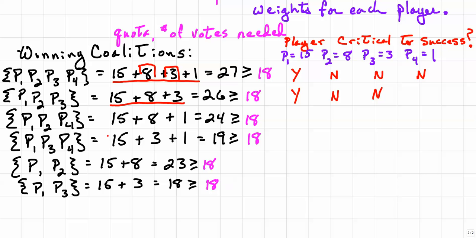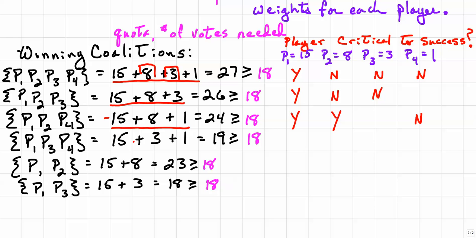Now for this one, this changes things a little bit differently, because if I get player 1 to vote yes and I get player 2 to vote yes, then I have a winning coalition. However, if player 1 votes yes and player 2 votes no and player 4 votes yes, I don't have a winning coalition. So that means that both player 1 and player 2 will be critical to the success. However, player 4 is not.